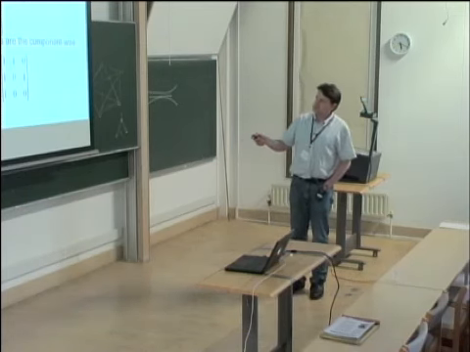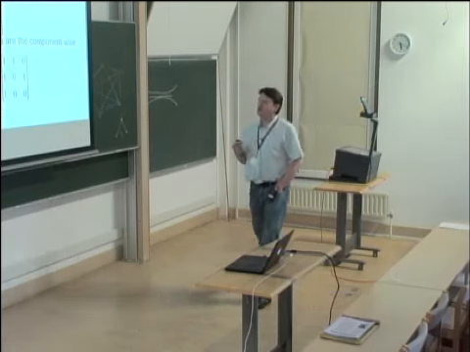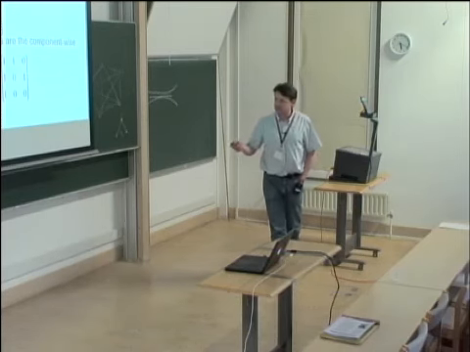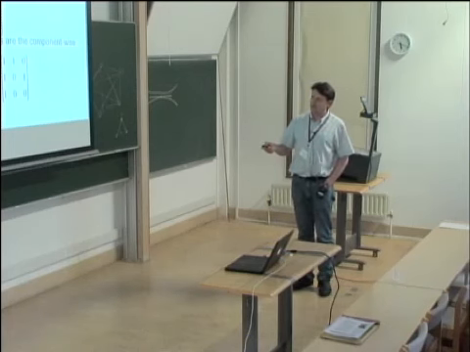So instead of writing this equation as R V R transpose is equal to S, I will put all the unknowns here, which are the different variances. Instead of being in a diagonal matrix, I put them in a vector, and I will put S in a vector as well. That's actually an approach which has been used initially for traffic matrix estimation, so to work with augmented matrices. So from R, I construct a matrix where I take the product of all possible rows of the matrix R. So typically that was the matrix I had before.